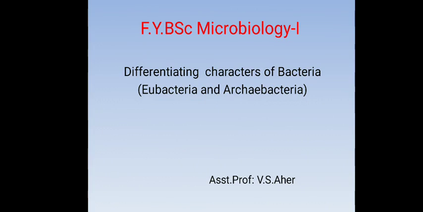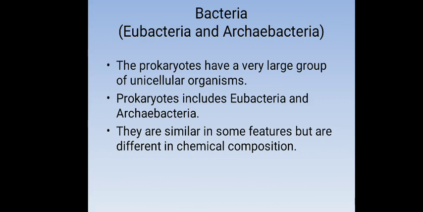Hello everyone, I'm V.S.Aher and today we are going to discuss the differentiating characters of bacteria, which includes Eubacteria and Archaebacteria. The prokaryotes have a very large group of unicellular organisms.